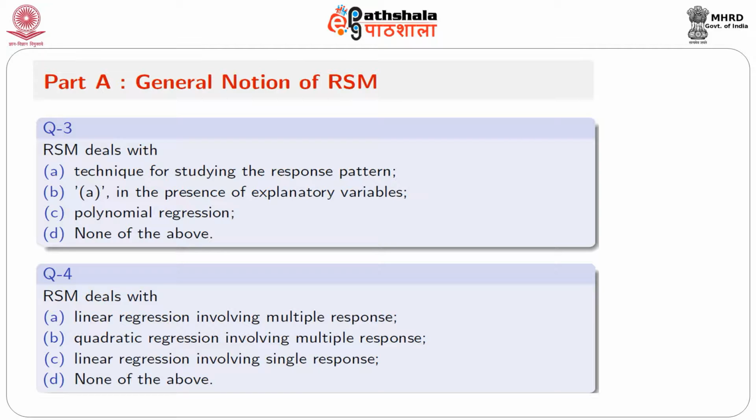Y is not a vector. Y is a single response coming out of a combination of the regressors. So multiple response is not the issue here. The issue is just single response. The only thing is how the regressors are acting on the response. So in this case, the closest answer is none of the above.